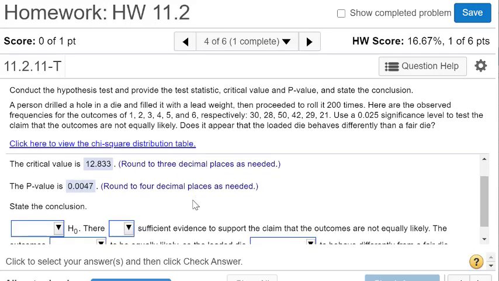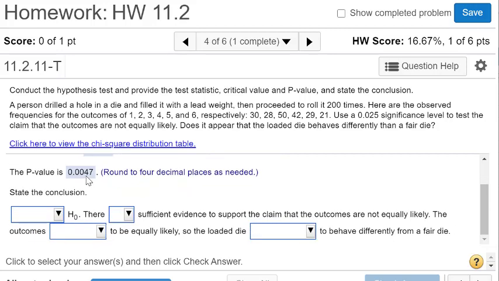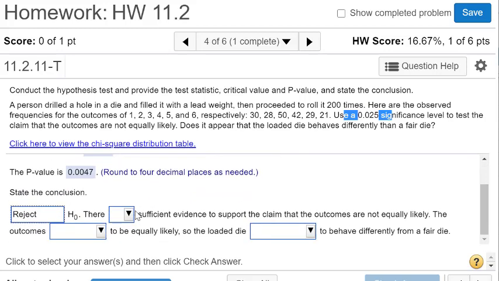Alright, so based on this, we saw that the test statistic was in the critical region. We also note that the p-value is less than the significance level, and so in either case we will reject the null hypothesis. And when we reject the null hypothesis, we're going to be able to support the claim.